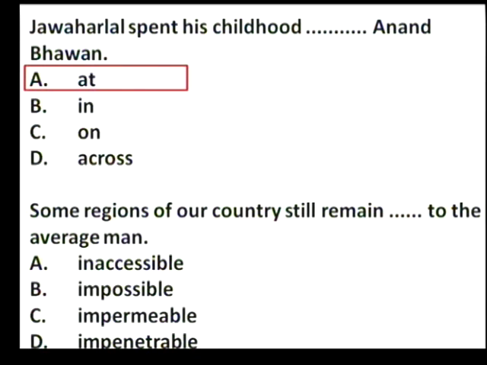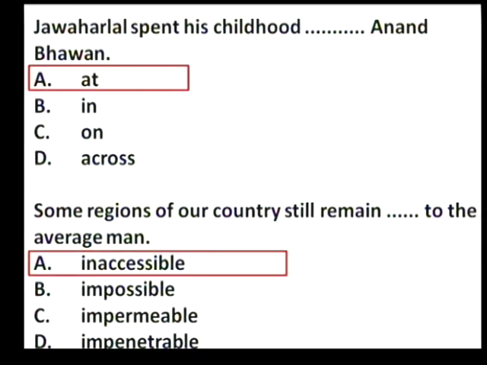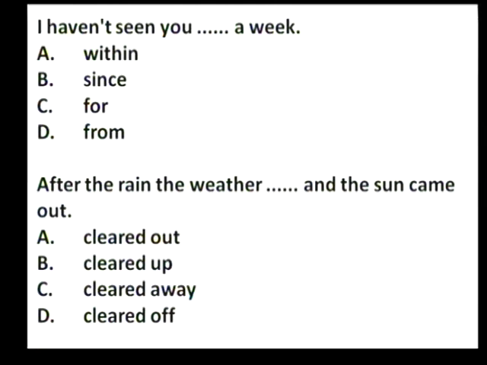Some regions of our country still remain dash to the average man: inaccessible, impossible, impermeable, impenetrable. Now it's talking about how an average person wants to reach certain places, and inaccessible is the correct answer.